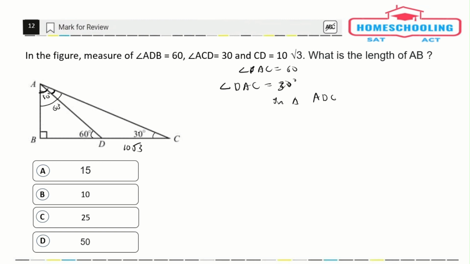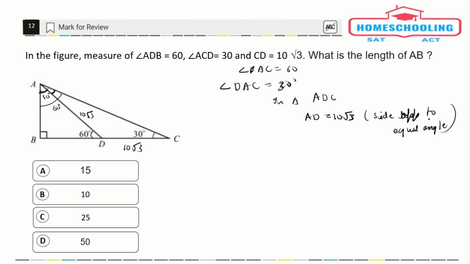As we have read in the triangles chapter, sides opposite to equal angles are always the same. So if this is 30 degree and the opposite side is 10 root 3, similarly this is also 30 degrees, so this one would also be 10 root 3. So we can say that AD is 10 root 3 because it is the side opposite to equal angle.